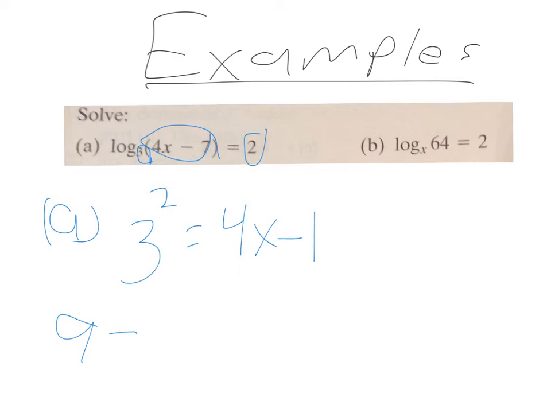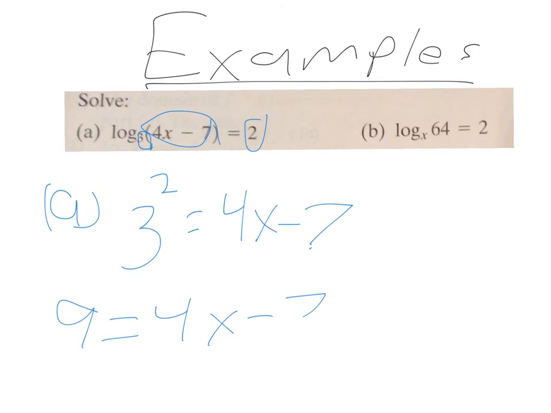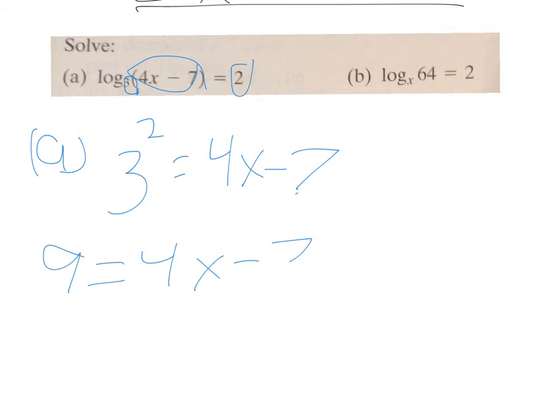So that would just be 9 equals 4x minus 7. That should be a 7 up here. So now you can solve this for x. 16 is equal to 4x, which means x is 4.